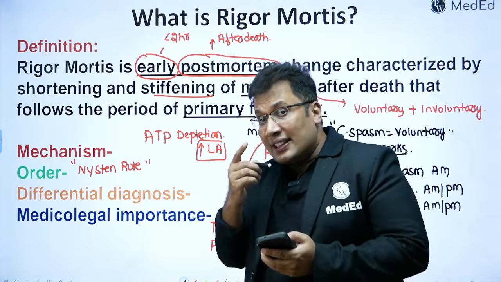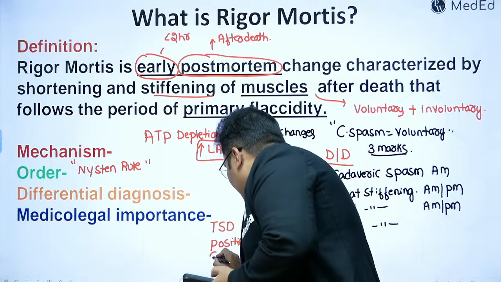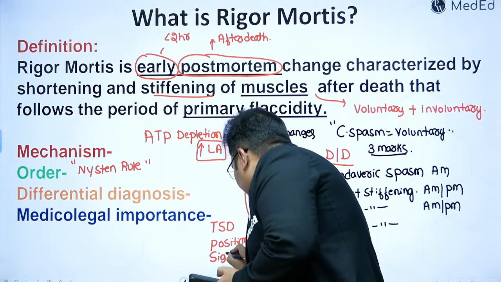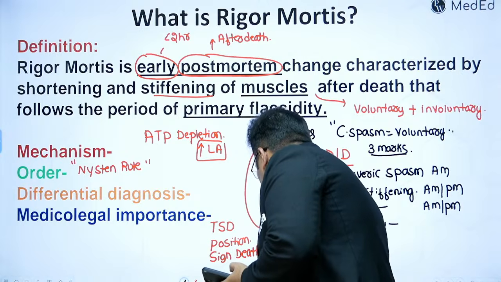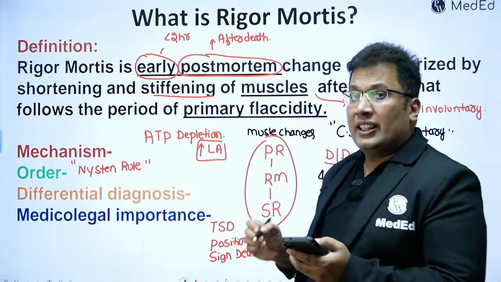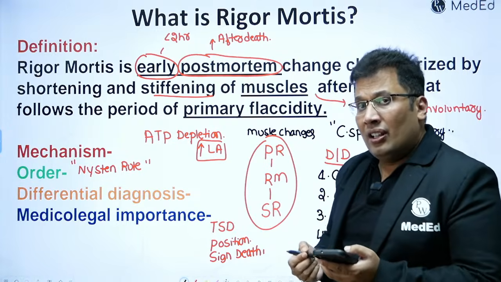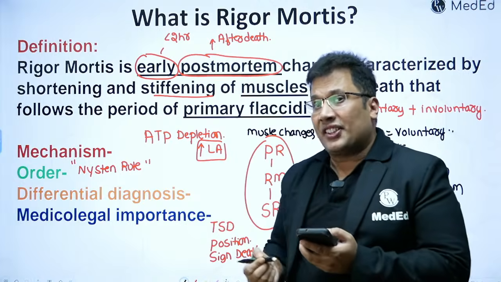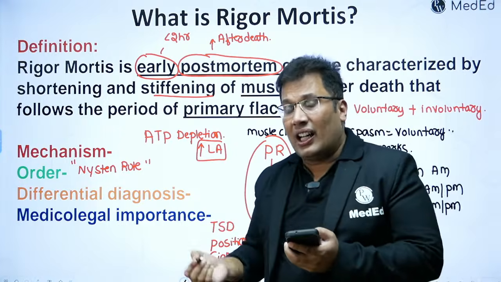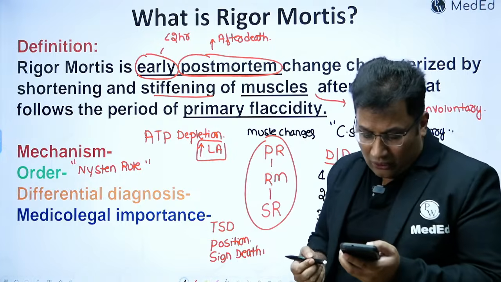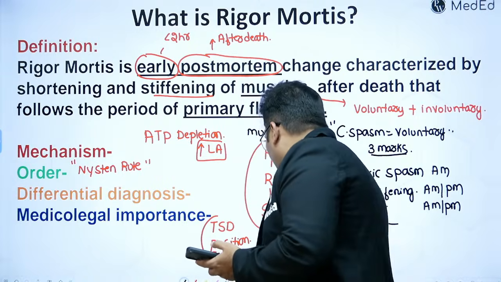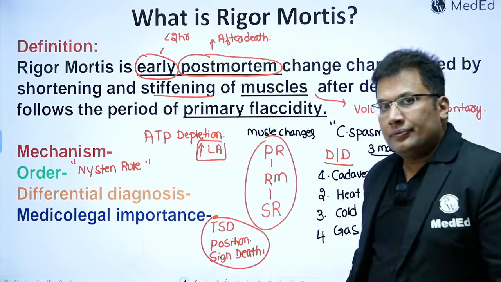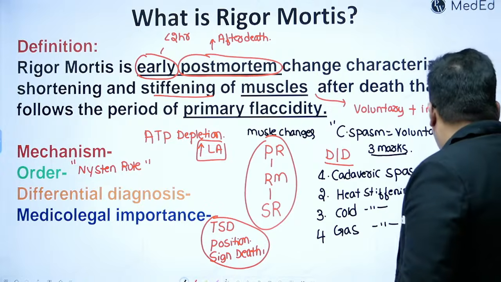And one more thing, it is a sign of death. It is delayed in some conditions and occurs rapidly in some conditions; we call it late onset and early onset. So all these are the medico-legal importance.